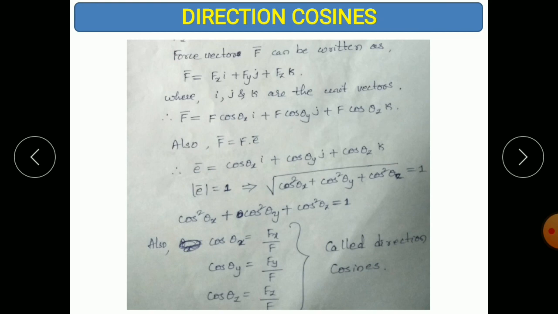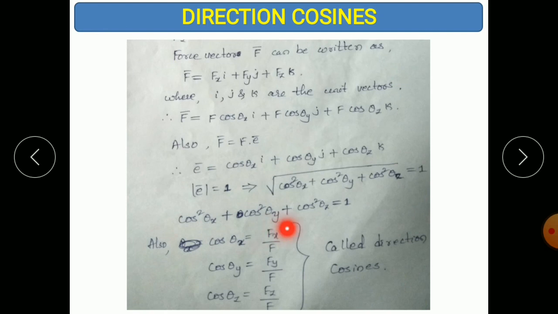If you compare these two equations, we will get e bar is equal to cos theta x into i, cos theta y into j, cos theta z into k. Here its magnitude is 1. That means cos square theta x plus cos square theta y plus cos square theta z is equal to 1. So this is called the cosine rule. We already know this.